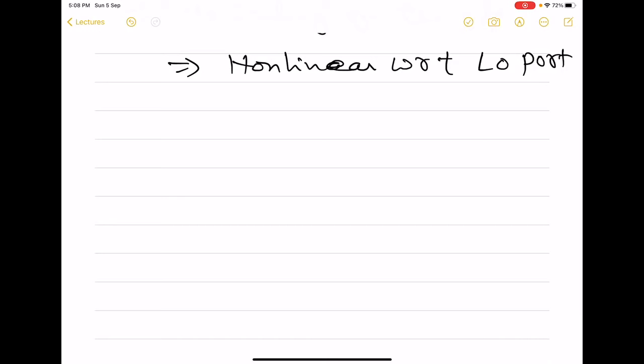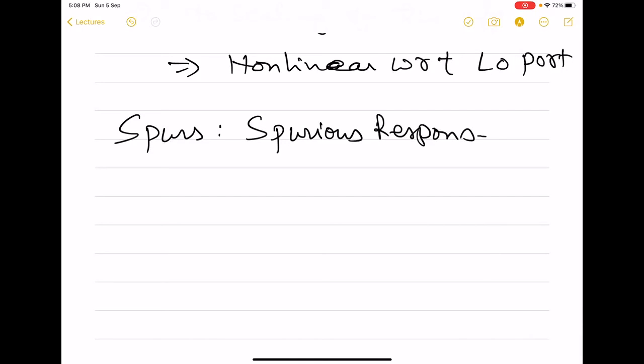One of the ways in which we can see the advantage of one over another is a parameter called spurs. And these are the unwanted frequency components.